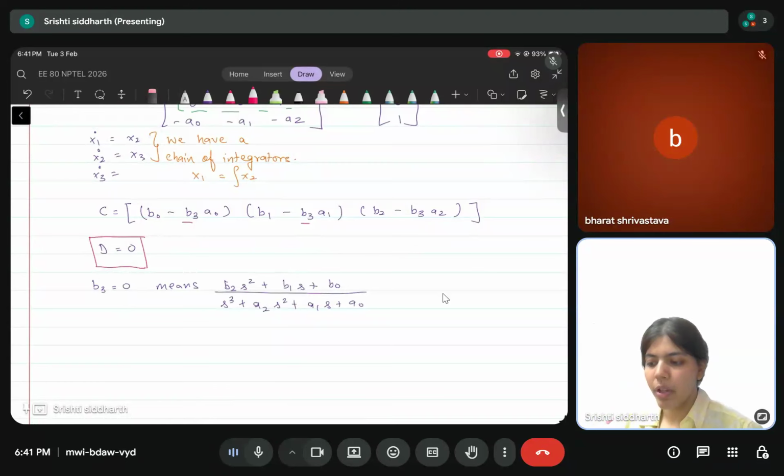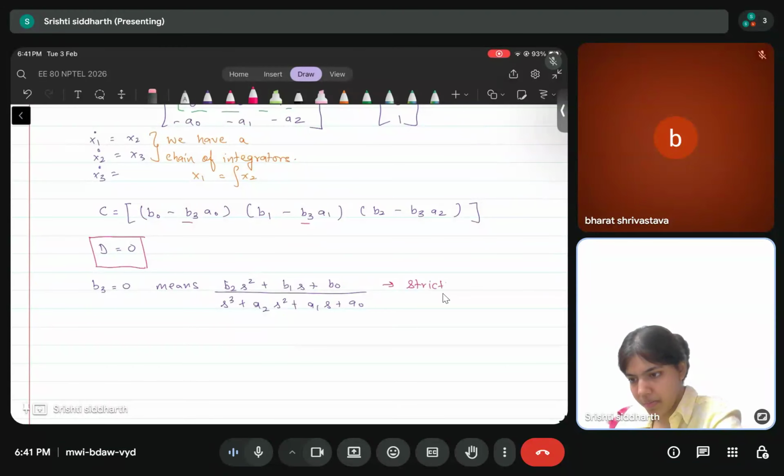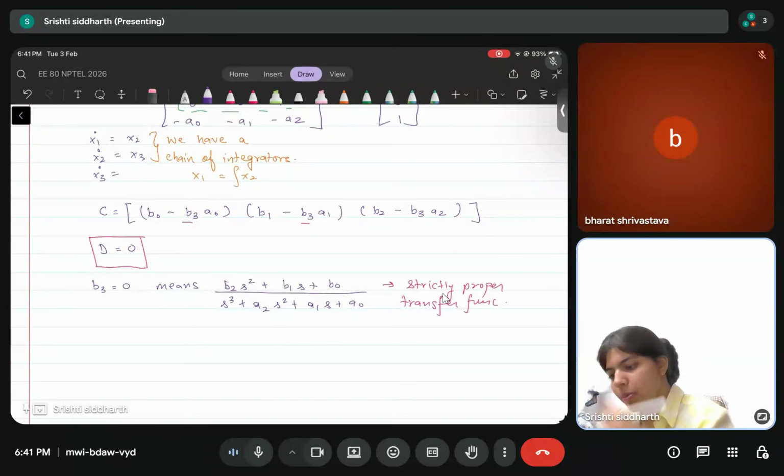So since the degree of the numerator is less than that of the denominator, this is a strictly proper transfer function. And for such a strictly proper transfer function, the C matrix is simply b0, b1, b2.